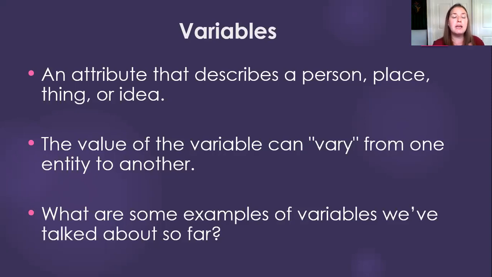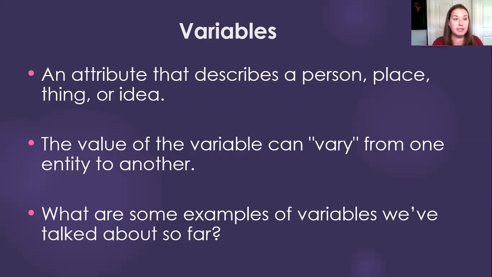A variable is any attribute or summary that describes a person, place, thing, idea. A variable can be anything. The reason that we call it a variable is because the value of that thing can vary from one entity to another. So you can ask yourself, what are some examples of variables we've talked about so far?